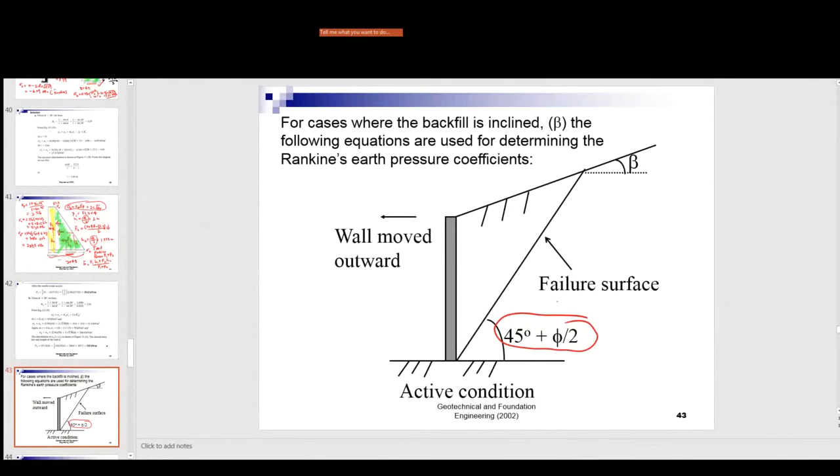Can you see the screen? So do you understand? So yeah, you understand the angle of the failure surface, okay?